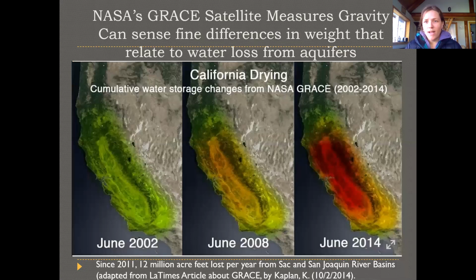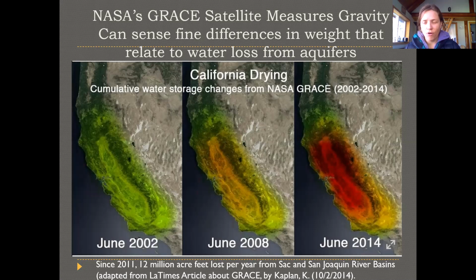There are a lot of different ways that we're trying to track and understand how groundwater depletion is taking place. One interesting way is through satellite data looking at gravity. Gravity, as we've talked about before, is a force between objects that have mass. The more mass there is, the more attraction there is, or more pull on other objects.